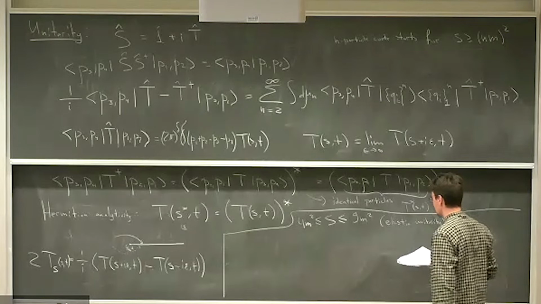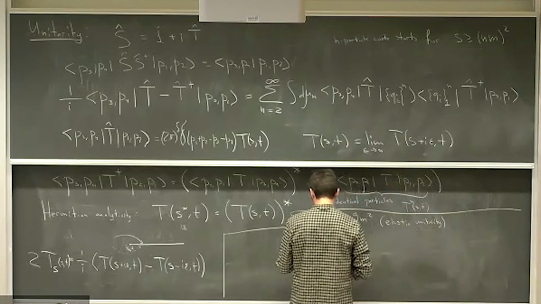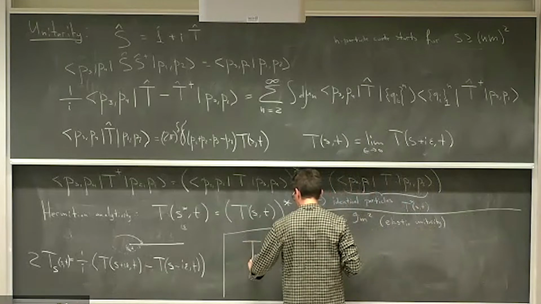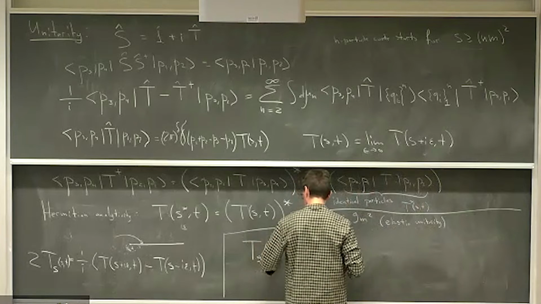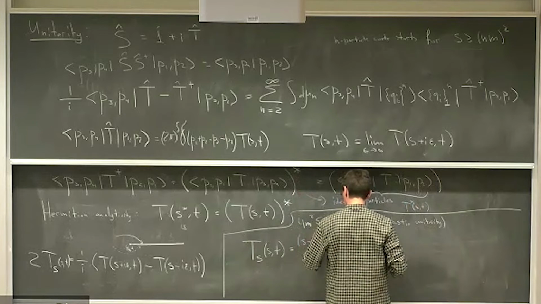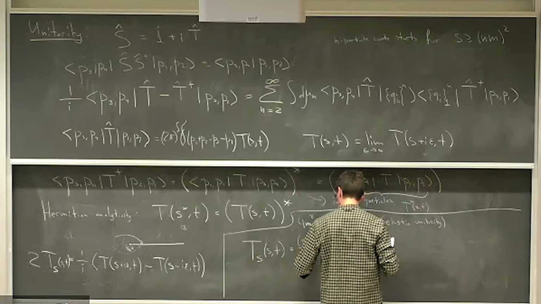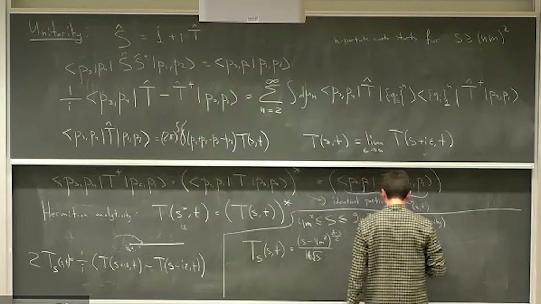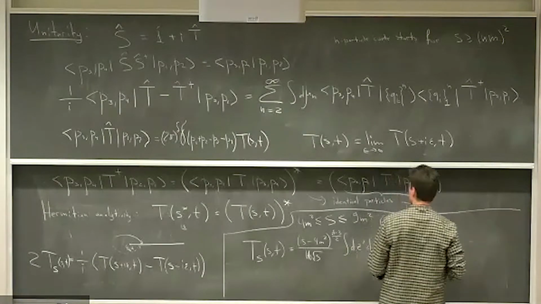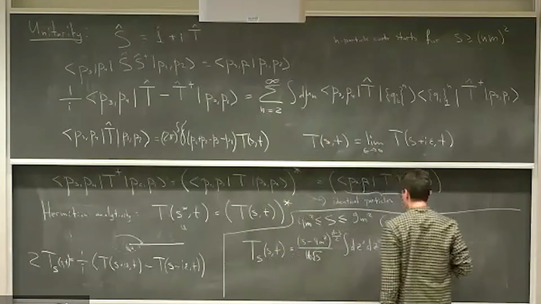You can work out, and it's done in the notes, that what happens here is that you just get this relation: T_S of S and T equals some factors that you can work out, and you integrate over angles, which comes from the two-particle phase space in this integral.